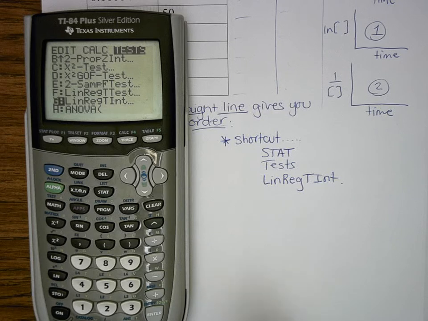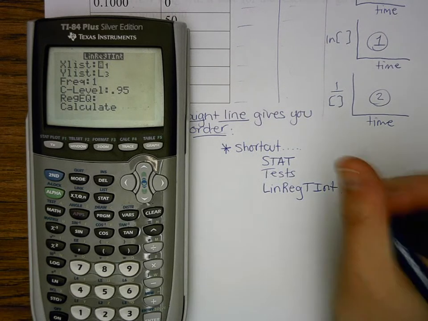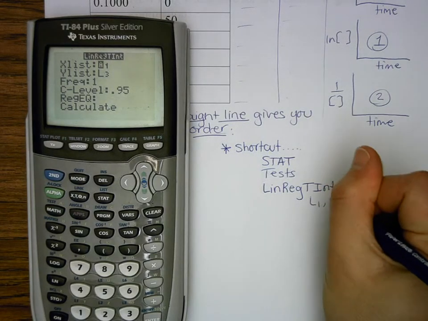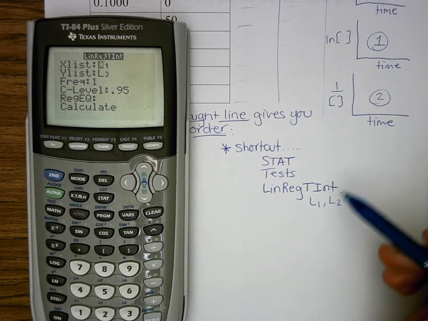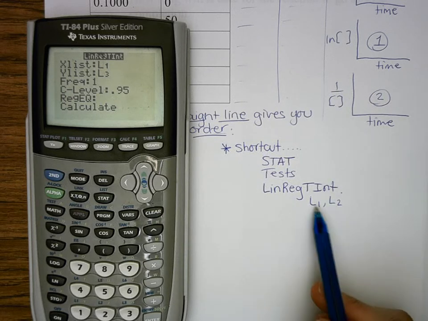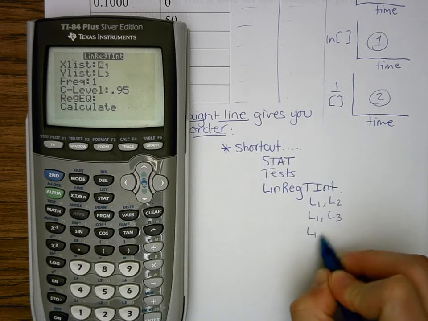Did you find that? Okay, you hit enter on that. And what you're going to do here is where it says X list and Y list, you're going to do all of your different combinations. So like the 3 graphs that you're doing, L1 is always the X-axis. So you're going to be looking at the L1 and L2 graph, the L1 and L3 graph, and the L1 and L4 graph.